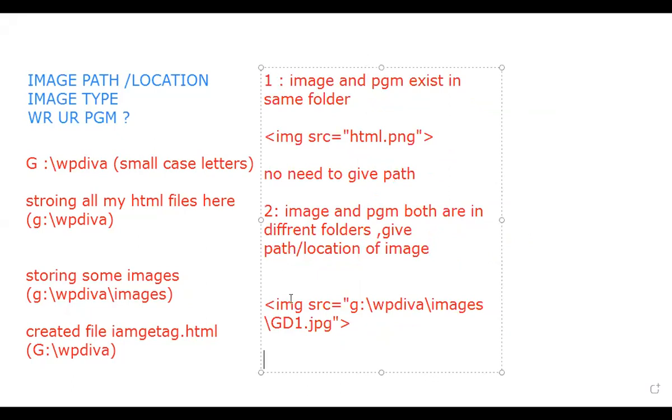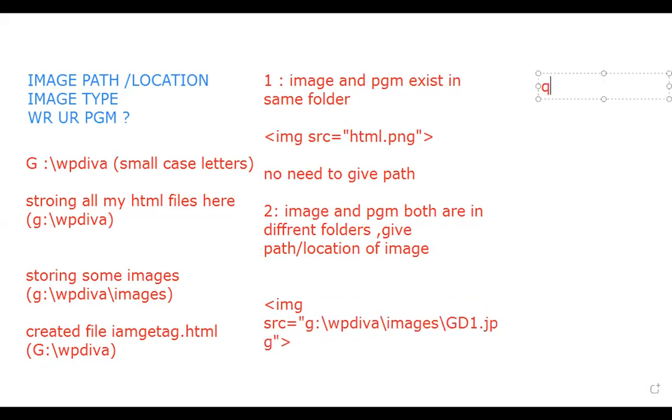See, one more example I will give you. If the image is in another path, for example IMG SRC equals, suppose the image is in another folder, or you can say another drive. Suppose the image is in H drive. How will you give the path? Tell me. Let us take a question here.